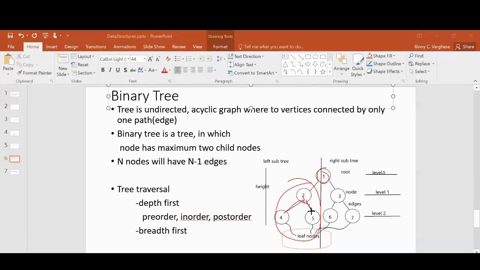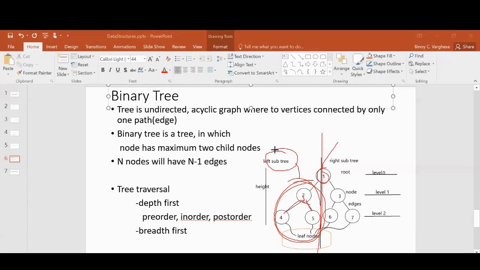So this is a subtree of the parent 1. This subtree is situated on the left side of the node, so it is called the left subtree.